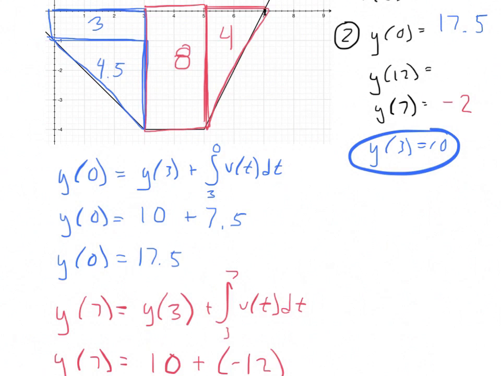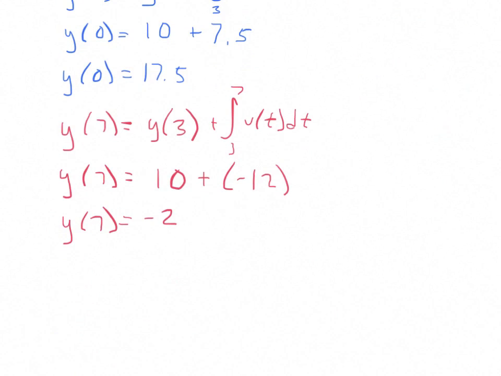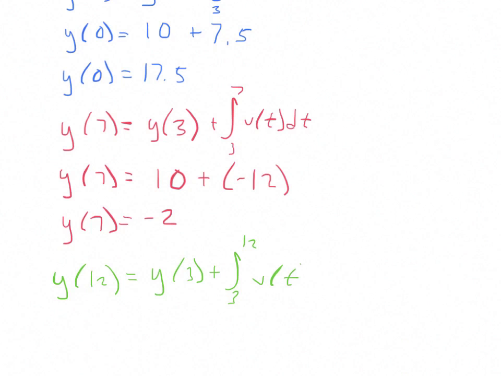Last one I need to do is y of 12. This is going to take a little bit of jumping around, but we'll get through it. The integral for y of 12. Y of 12 will be, and if you paused it and did it on your own, I wouldn't be surprised if you did this, y of 3 plus the integral from 3 to 12 of v of t dt.